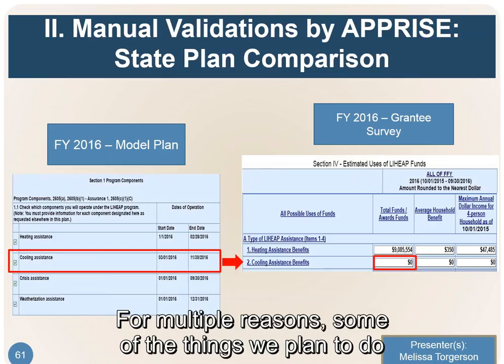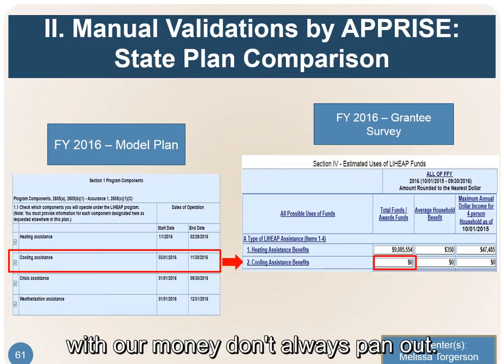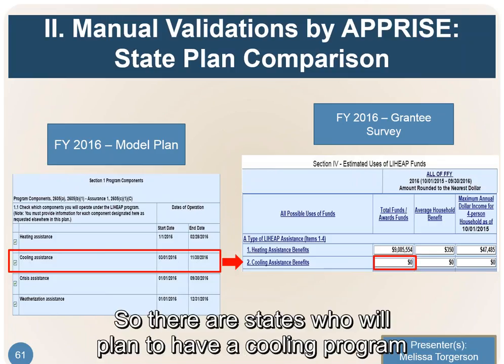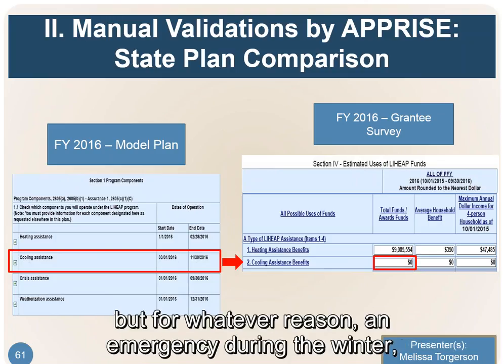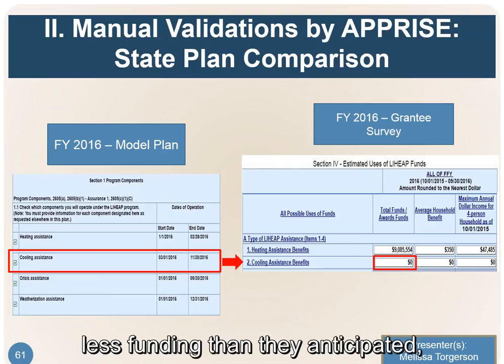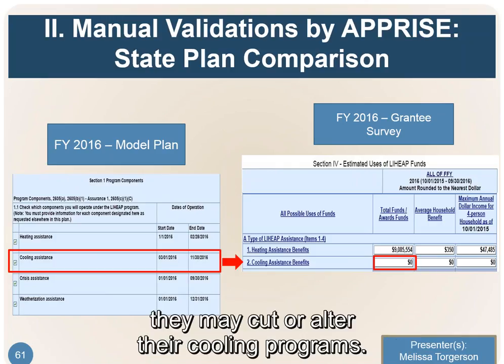For multiple reasons, some of the things we plan to do with our money don't always pan out. There are states who will plan to have a cooling program, but for whatever reason, an emergency during the winter, less funding than they anticipated, they may cut or alter their cooling program.